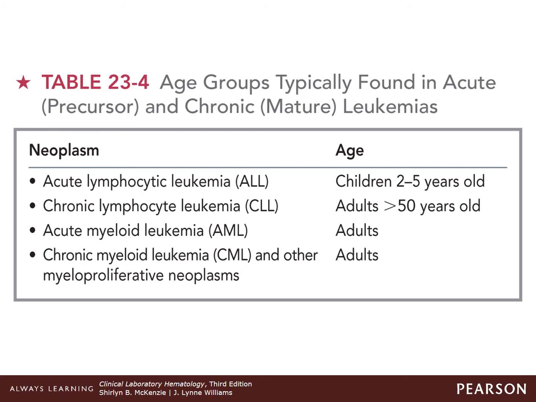Now, adults over 50 years old, you might start to see more chronic lymphocytic types of leukemia or mature types of leukemic cells. Now, adults ranging in many ages have been seen with acute or pre-leukemic states, and you will have to be able to identify these based on the patient ages.